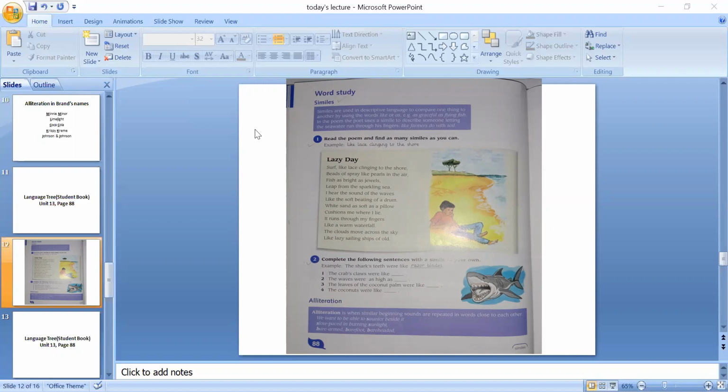The coconuts were like? Hair? Because coconuts have. The coconuts were like balls. Yashad, if you are getting me, then you have to write that word there.